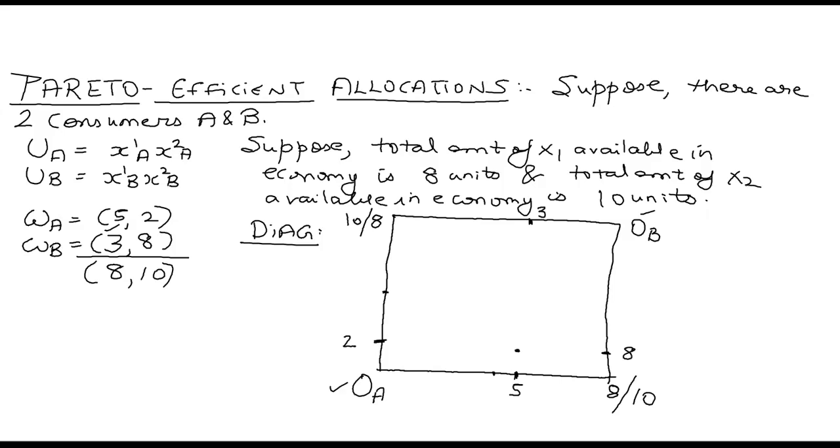So you can see I have drawn the endowment allocation. 5 and 2, 3 and 8. From A's origin, this is 2 and this is 5. From B's origin, this is 3 and this is 8. You can see that 5 plus 3 sum up to 8 and 2 plus 8 sum up to 10.